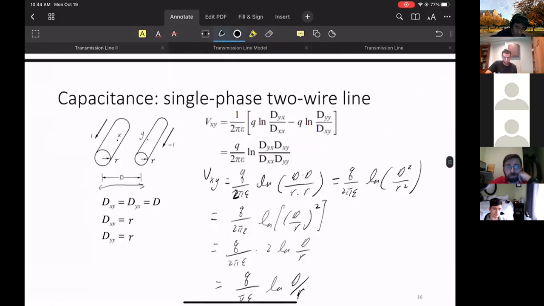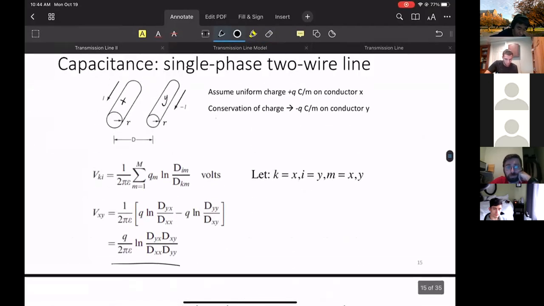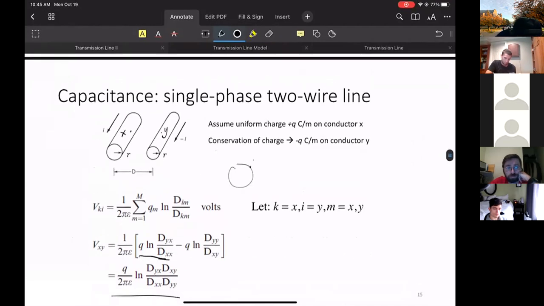Okay, so let's try to derive this. You have a point x, and you have a point y. I want to compute the voltage, so let's look at this equation. I have a surface, and I have a point x here on the surface. There's r here.